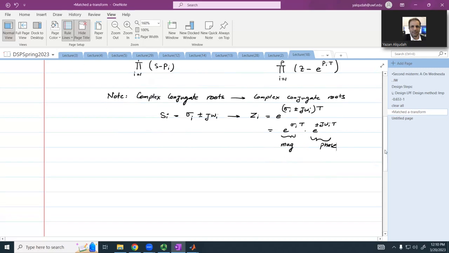If sigma is negative, it's going to map to a magnitude that is less than 1. So therefore, stability is preserved. And similar to the impulse invariance method, this method will also suffer from aliasing.